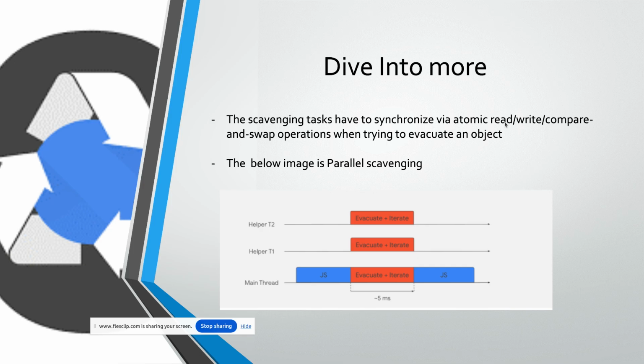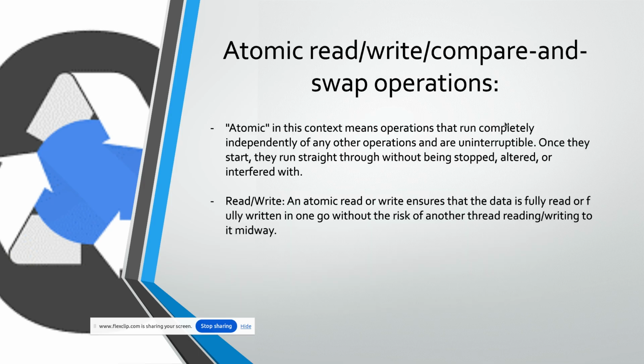If it's dependent, there should be dependencies on it, so there would be a big problem because some operations can trigger other operations. But if it's atomic, it doesn't trigger. There are no dependencies between those things. So we can make sure synchronization happens with no confusion. Atomic read and write ensures that data is fully read or fully written in one go, without the risk of another thread reading or writing midway. That's what I'm trying to talk about.